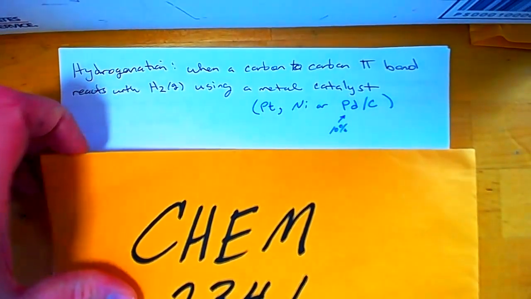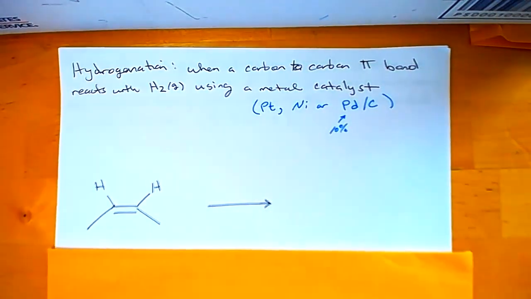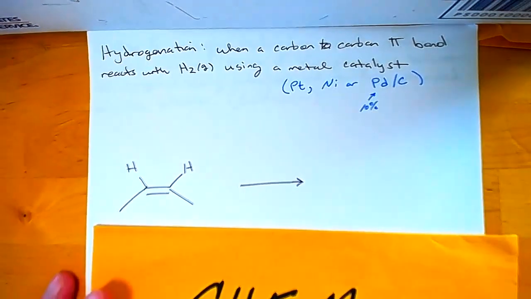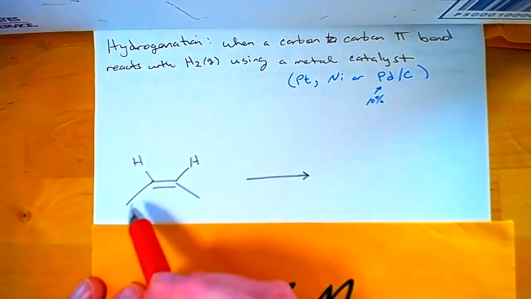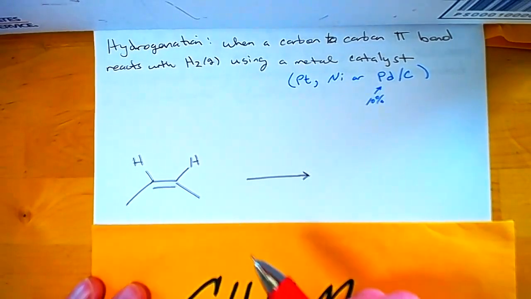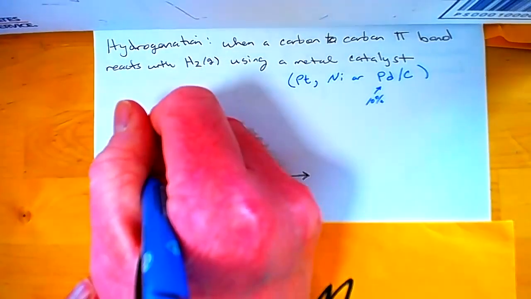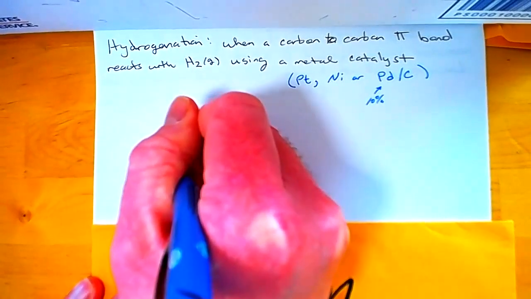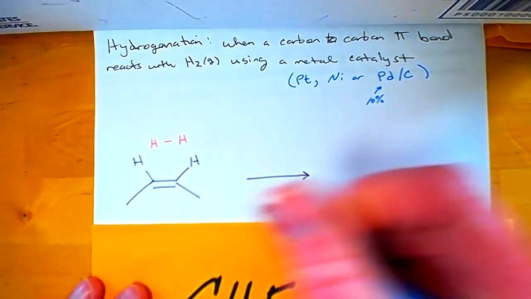So what this process essentially does is, if you have a hydrocarbon like this one here, where you have an alkene, like cis-butene, and you have hydrogen molecules in there, it won't react.